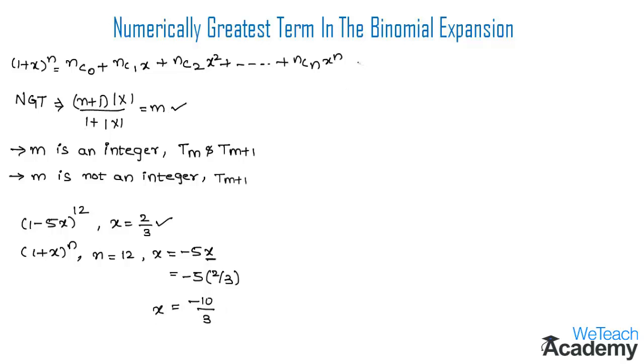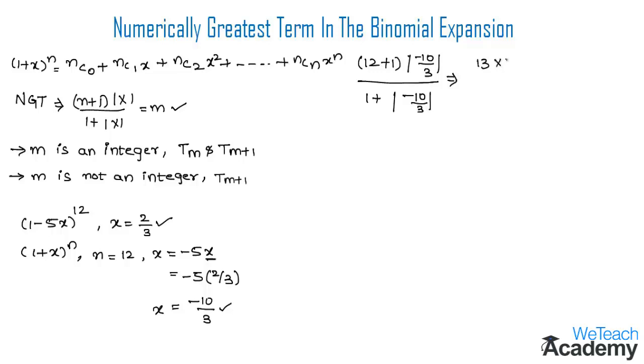Now let us substitute the value of x and n in the formula. So on substituting, we get (12 + 1)|x|, where the value of x is -10/3, divided by 1 + |x|, which is |-10/3|. That implies we get 12 + 1 as 13, and then we have -10/3 enclosed in modulus, and we know that any negative value enclosed in the modulus symbol would give a positive value.